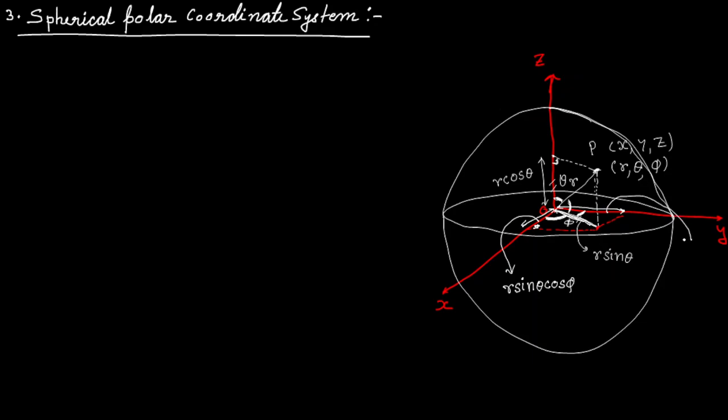So the projection of R on the y-axis is R sin theta sin phi. So now we know the projection length of R on the x-axis, y-axis, and z-axis, so we can write the values of x, y, z in terms of R, theta, phi.